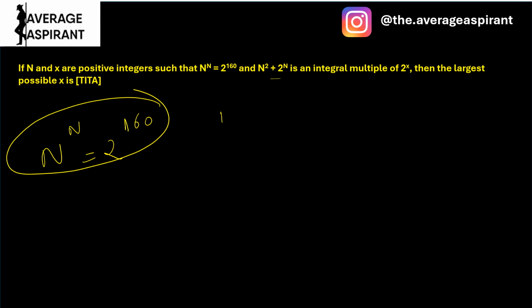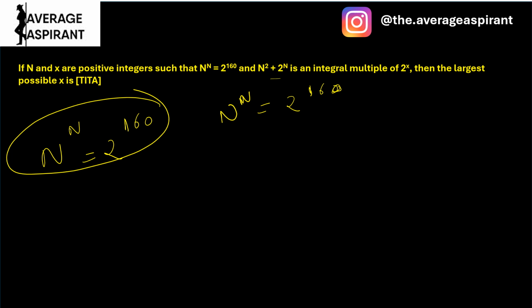So it says n raised to the power n is equal to 2 raised to the power 160. Now, I don't know if you guys know of a method to solve this, but I'm not aware of any methods by which you can solve this. So it's purely based on hit and trial.